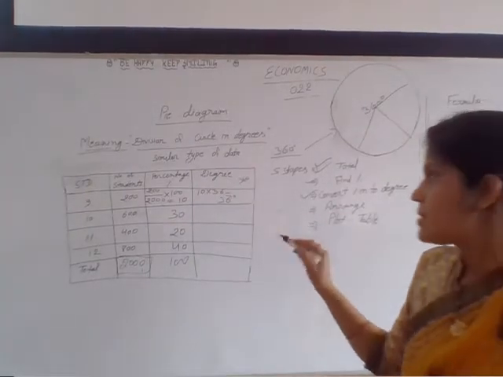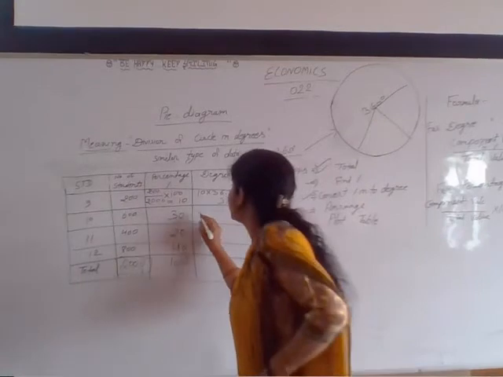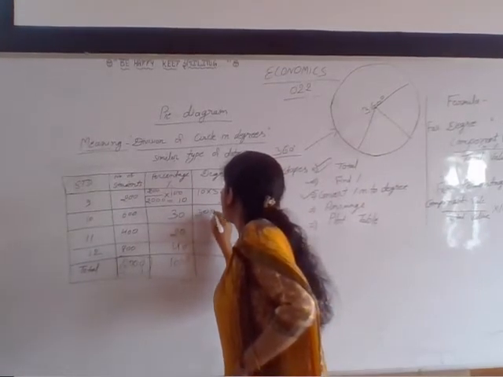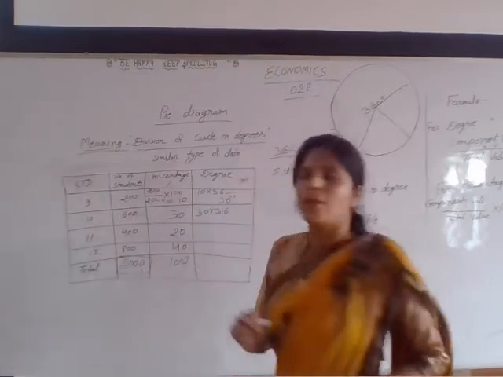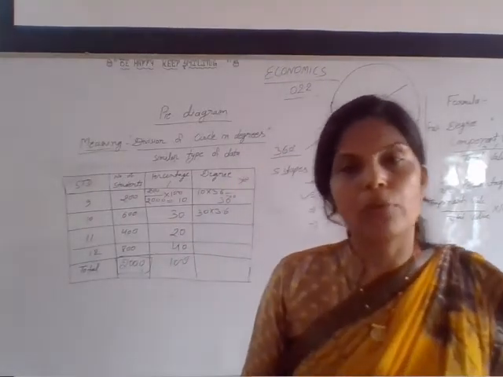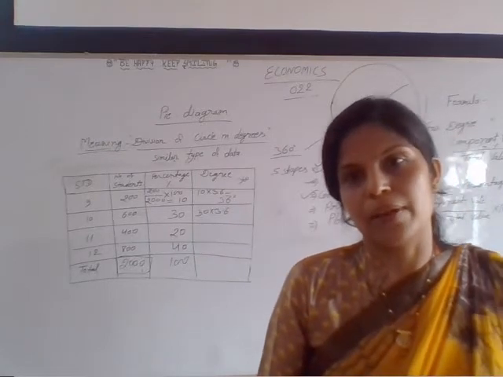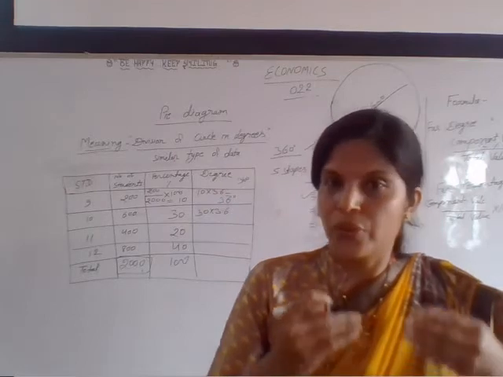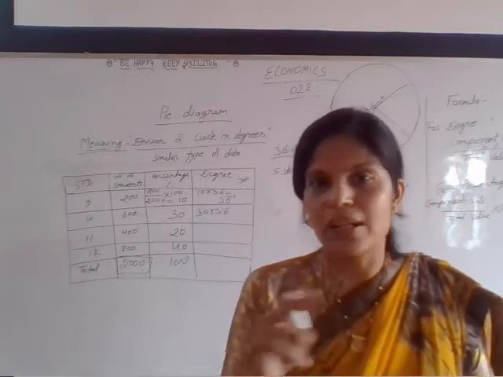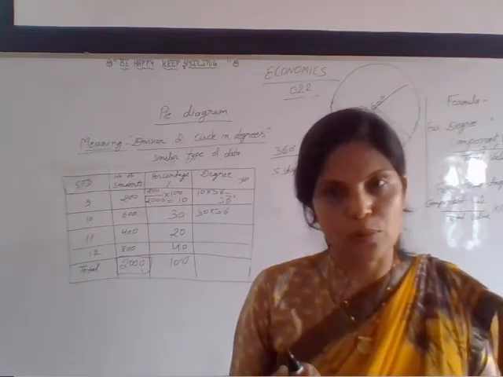Our next is 30 multiplied by 3.6. Otherwise, if you want, you can use the same formula that I told previously, component value divided by total value multiplied by 360. That formula also you can use.